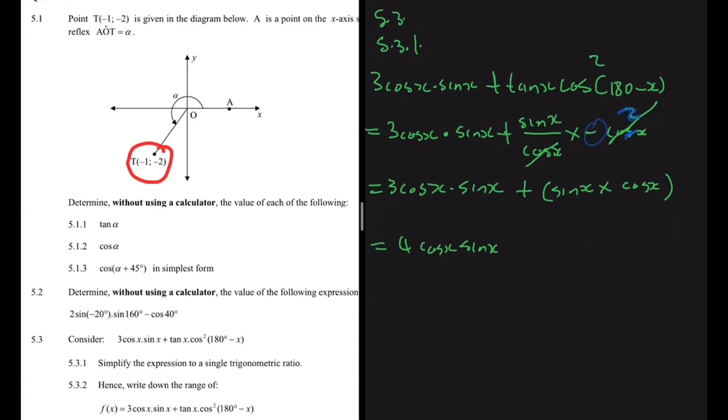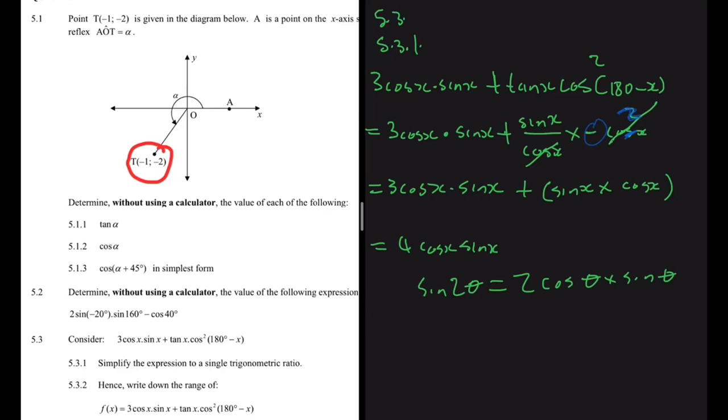So now we have 4 cos x multiplied by sine of x. So we can apply another trig identity. In trigonometry, you have to know all the trig identities by heart. There's no other way. So we know fully well that sine of 2 theta is equals to 2 cos theta multiplied by sine of theta.